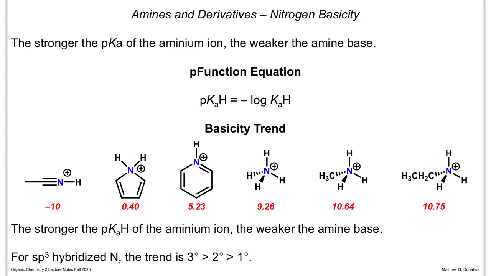So p, again, is equal to the negative log. And the series of compounds that you see, that's the protonated amine. Remember, on the pKa scale, the smaller the number, the more acidic.